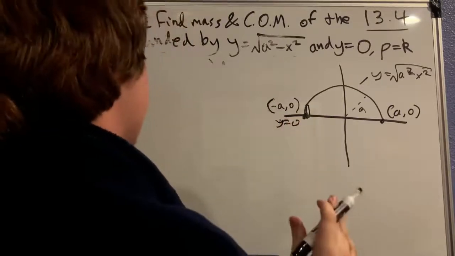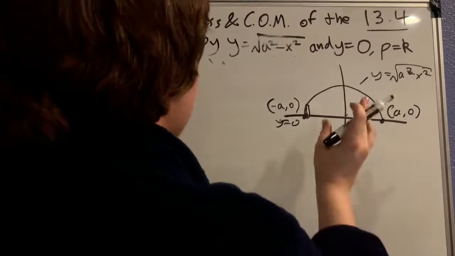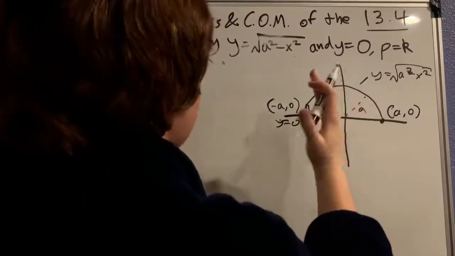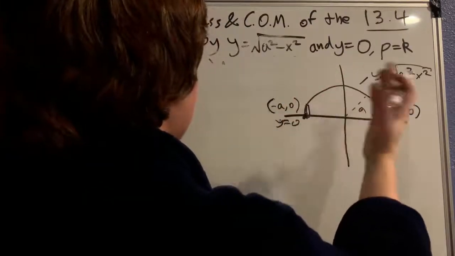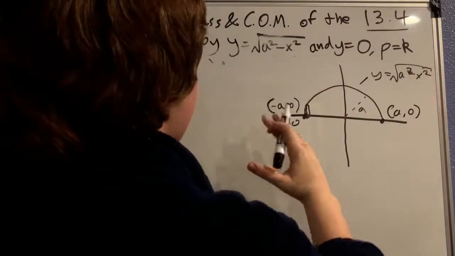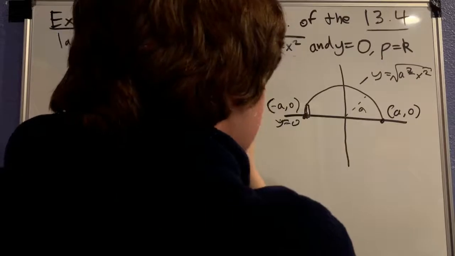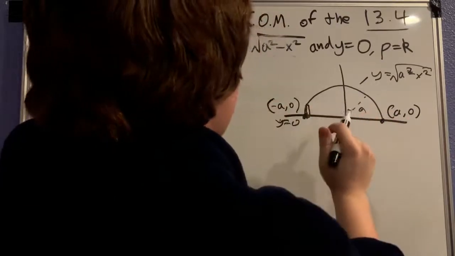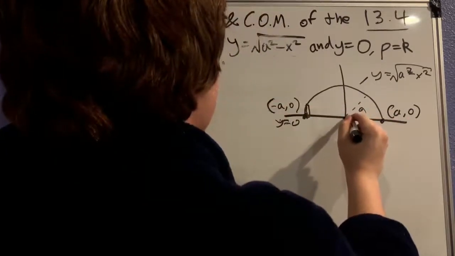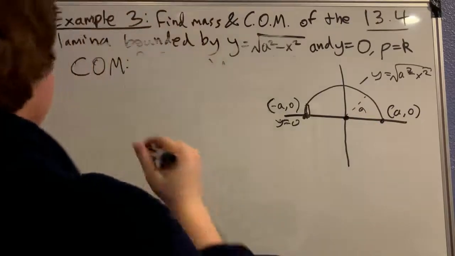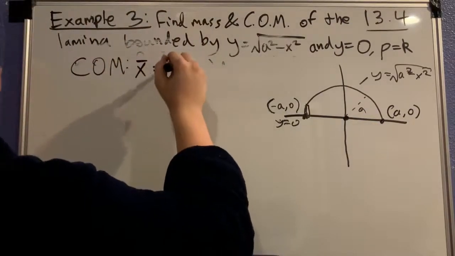In this case, there's a very good shortcut. The center of mass is just where mass is equally concentrated on both sides of the axis. And in terms of the y-axis, or the x-coordinate, it's just x equals 0. And so that would mean that x bar equals 0.